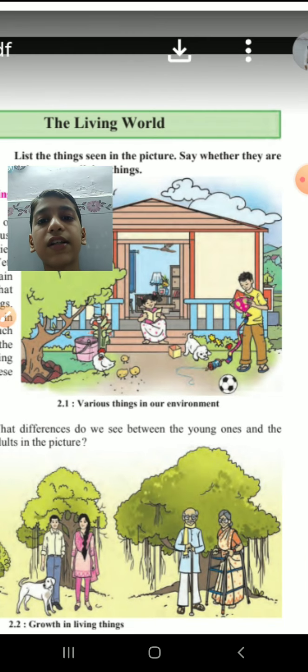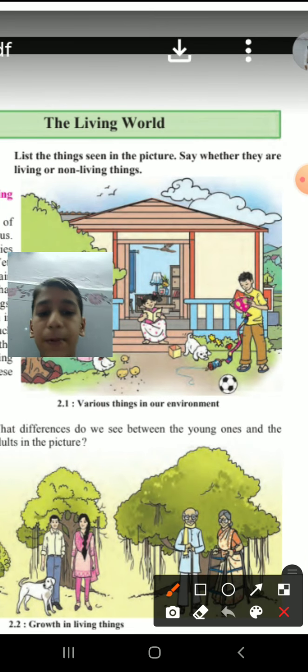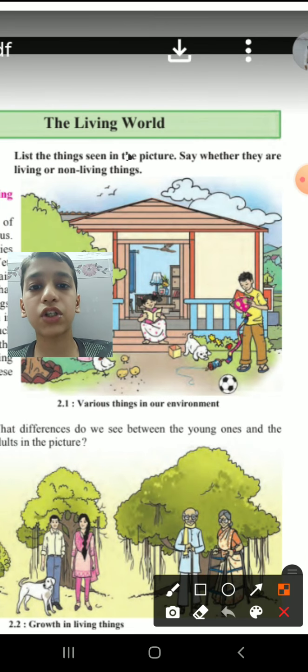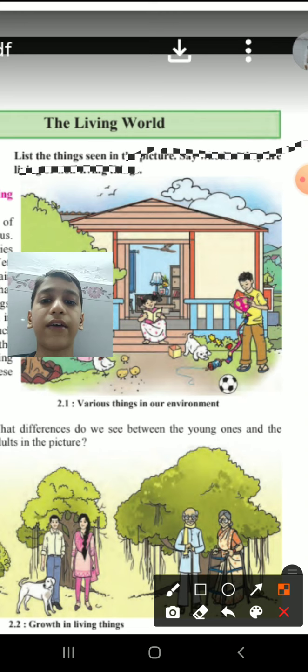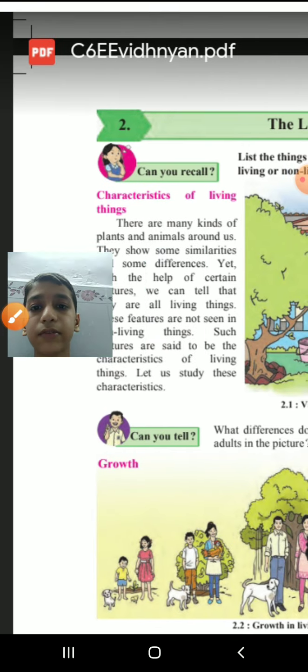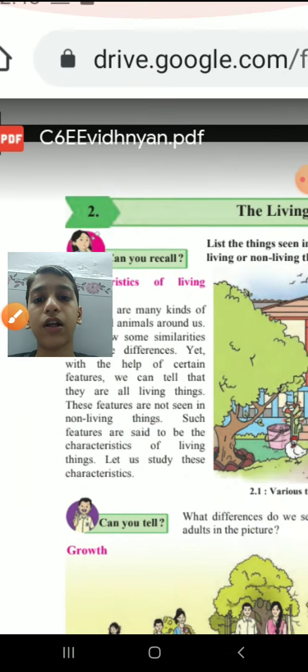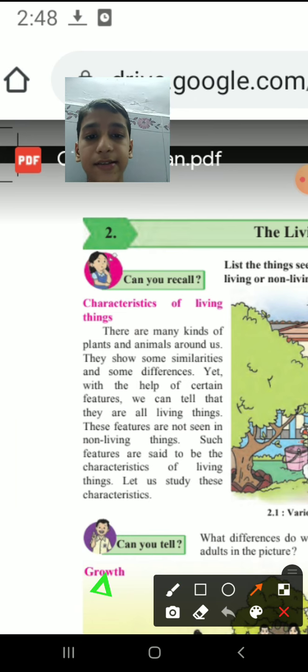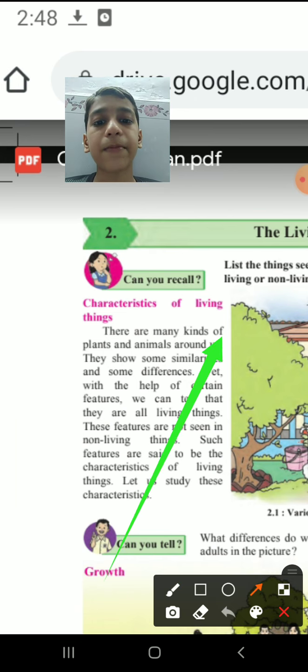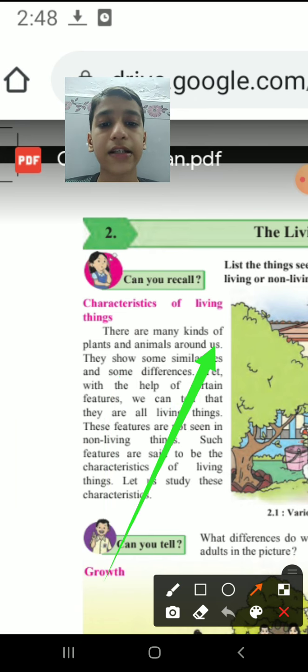List the things seen in the picture. Say whether they are living or non-living things. Okay. Can you recall the characteristics of living things? There are many kinds of plants and animals around us.